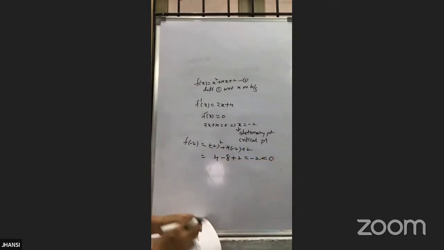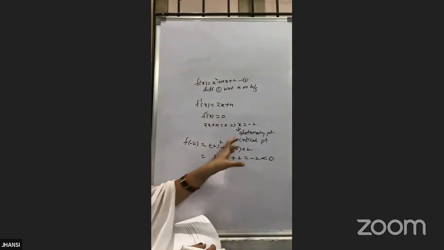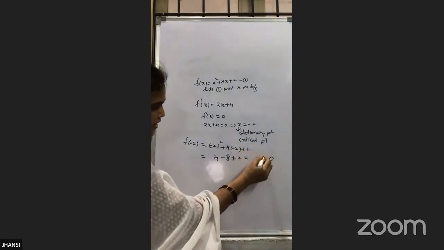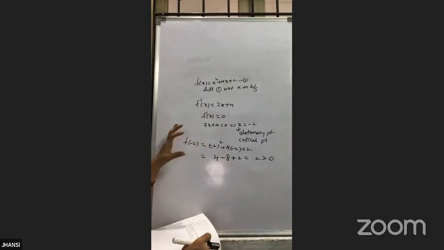Whenever it is less than 0, it is called a decreasing function. Whenever you get a positive value, greater than 0, then the function is called an increasing function. You might get a problem like this for 5 marks, maybe as the 8th or 7th question.